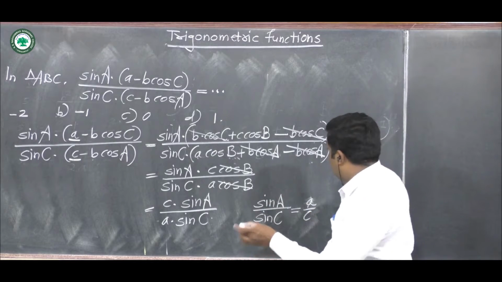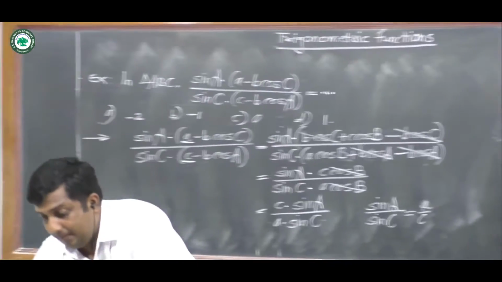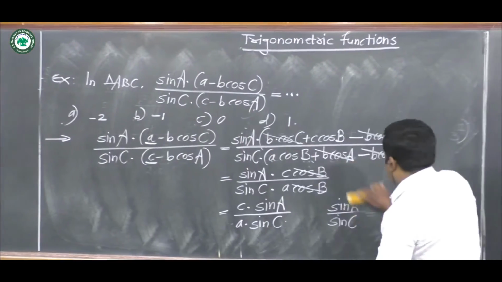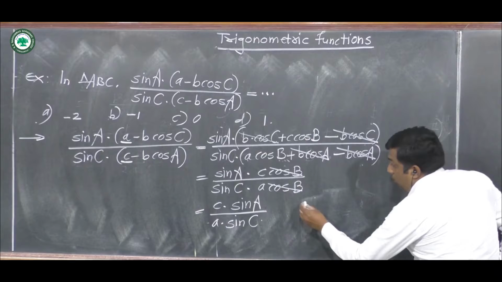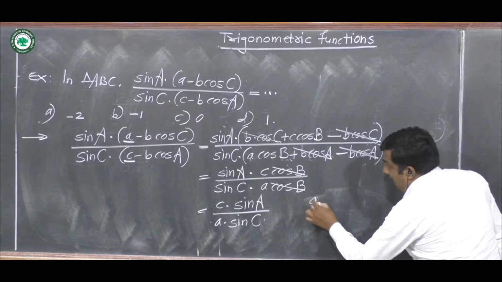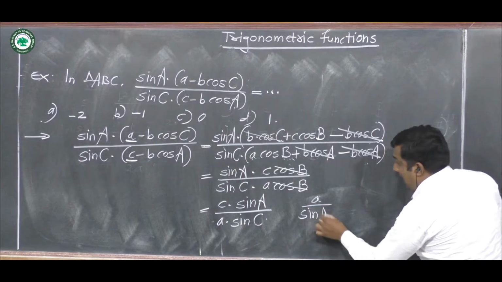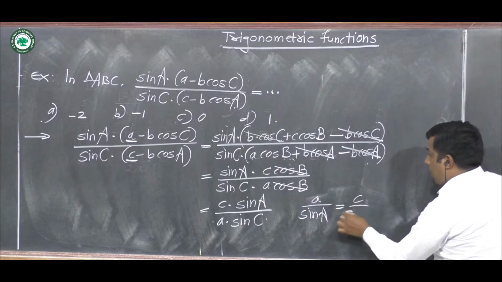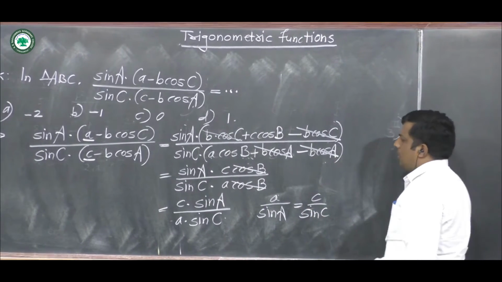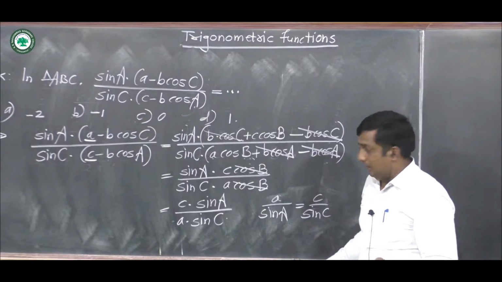Or I write one more relation: A upon sin A is equal to C upon sin C, and we know this ratio is always constant.